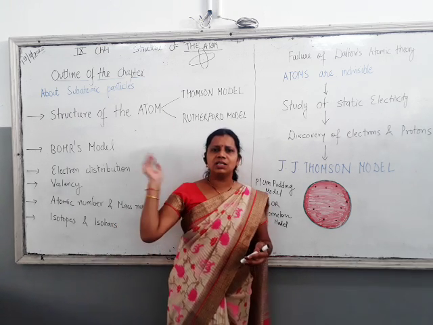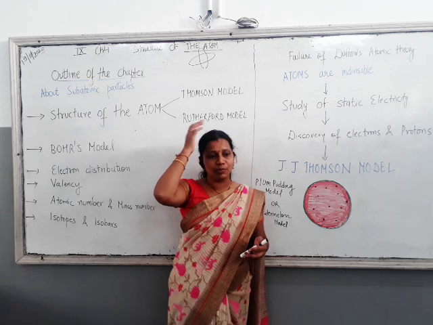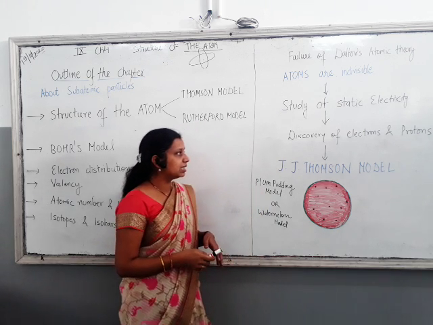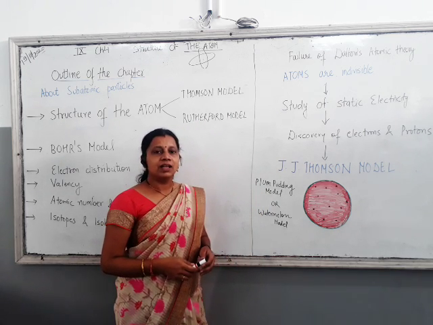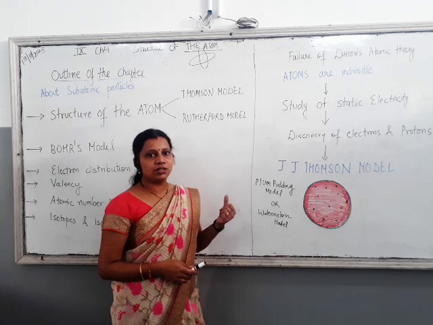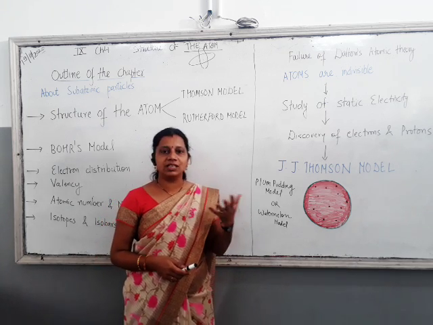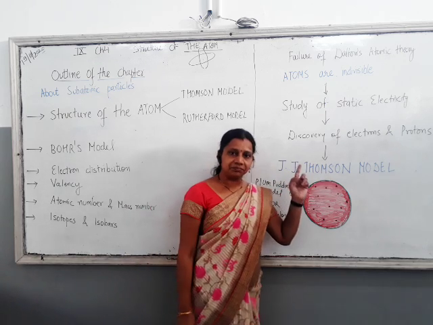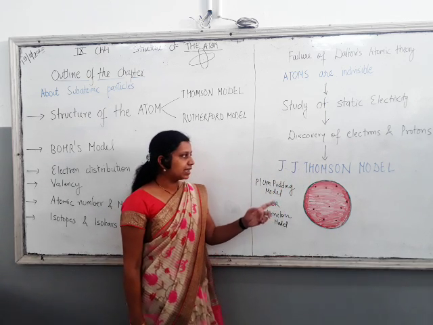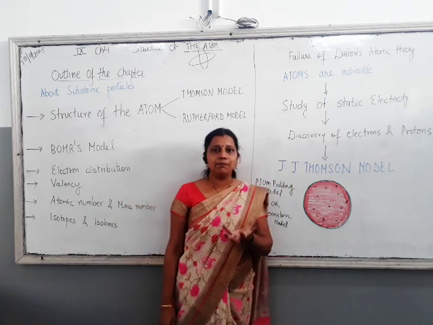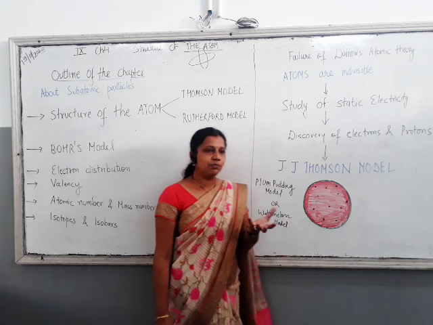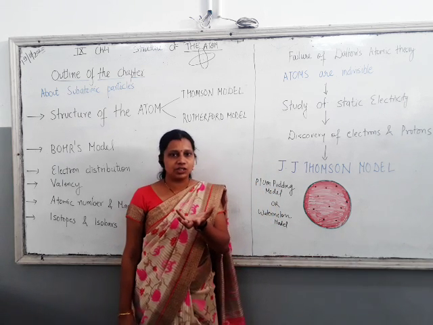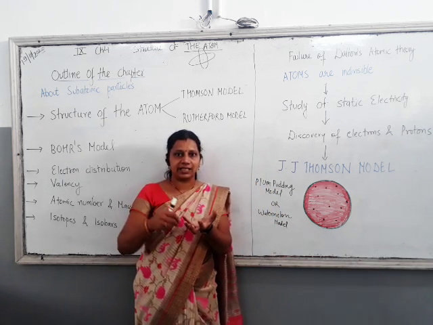At that time they did many experiments and gave different models, and out of them, the Thomson model, Rutherford and Bohr, these three we are going to study here. The first model was given by J.J. Thomson. What he said is, the structure of the atom is like a plum pudding. The plum pudding is a sweet dish which has plums inside.